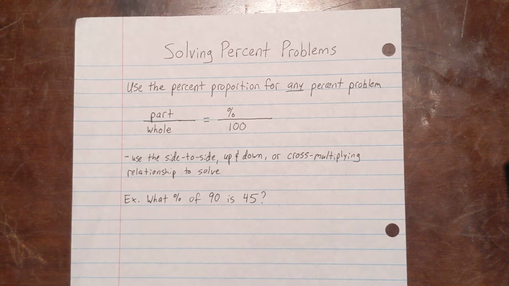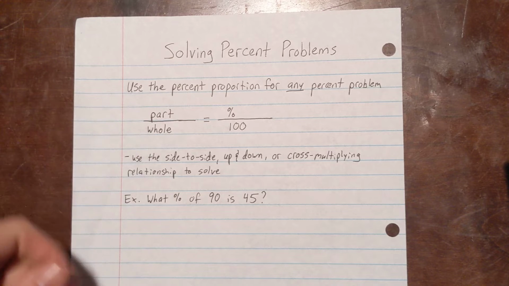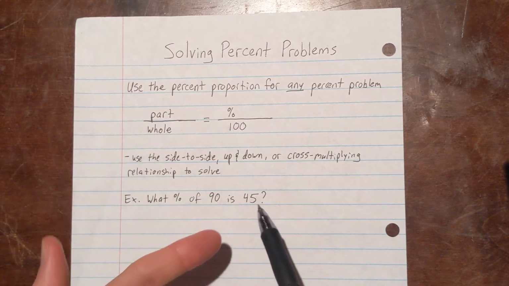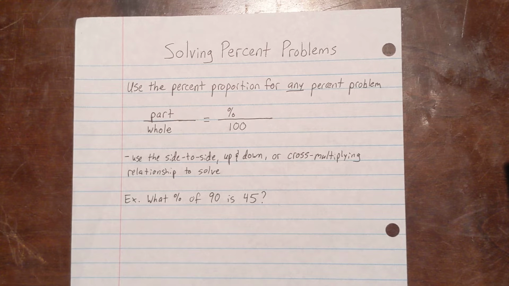Now, identifying the numbers and what they are in the problem is usually the big struggle for most sixth graders, because as we can see, we have two numbers here, but the question is, what role do they play in the particular problem? Is 90 the part or is 90 the whole? What is 45 here? So there are some clues in the problem that we can look for to try to help us determine that.